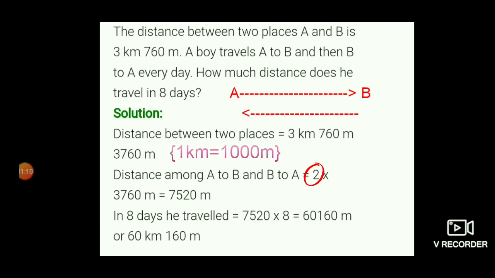That's why we are multiplying it by 2. Now, the distance traveled by him in 8 days will be equals to 7520 multiplied by 8, which is equals to 60,160 meter, or it can be written as 60 kilometer 160 meter.